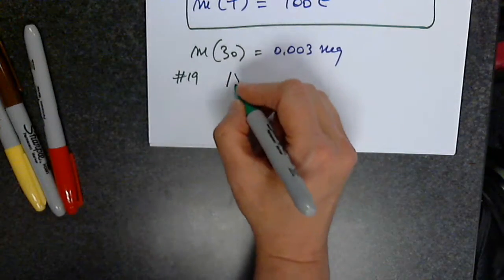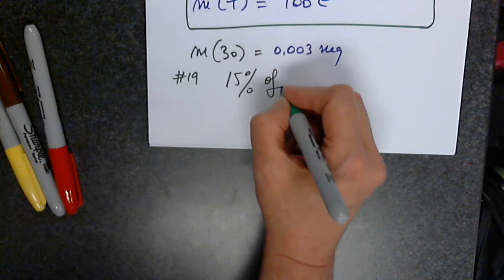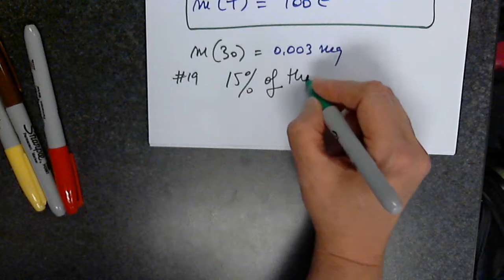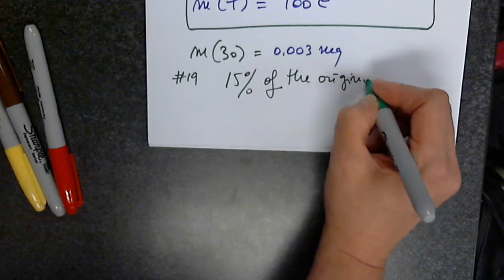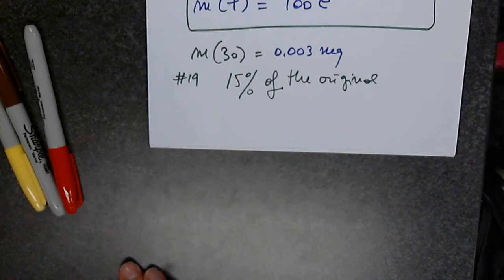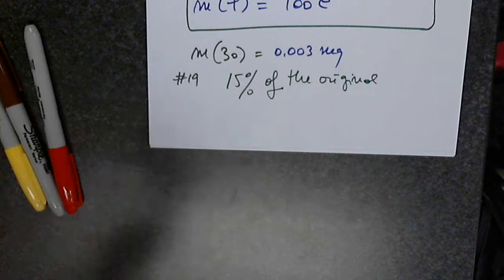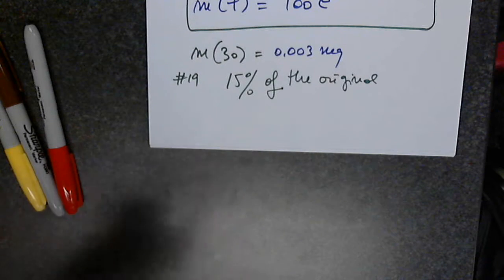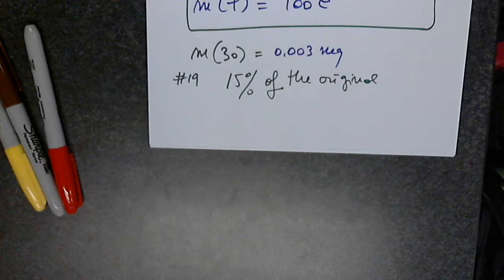The paint contained 15% of the original carbon-14. Estimate the age of the paintings. This sounds terribly difficult. One more time. Prehistoric cave paintings were discovered in a cave in France. The paint contained 15% of the original carbon-14. Estimate the age of the paintings.